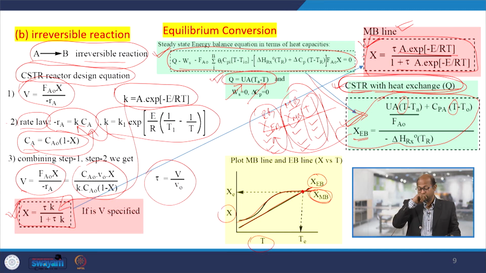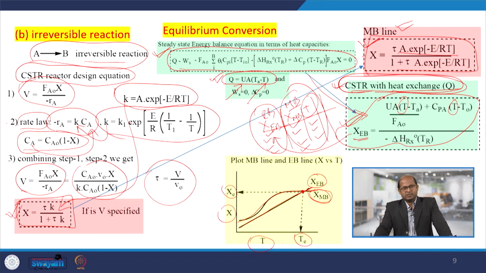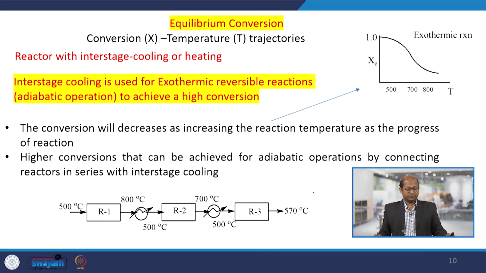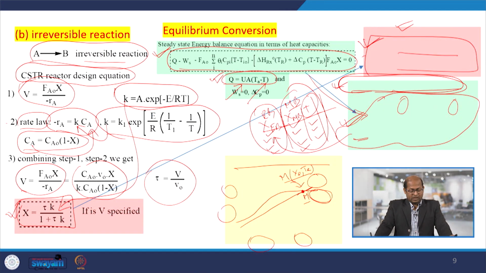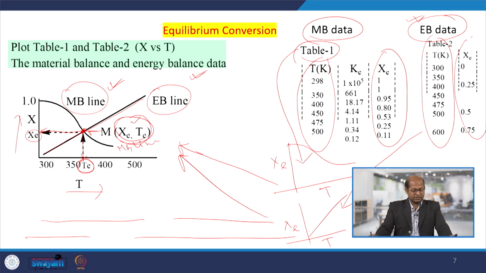This is the corresponding equilibrium temperature and equilibrium conversion, where both lines cross in this figure. So the temperature would correspond to this point, let us say Xc and Te, this particular point M. This way we can say this is for irreversible reactions, and what we discussed earlier was for reversible reactions.